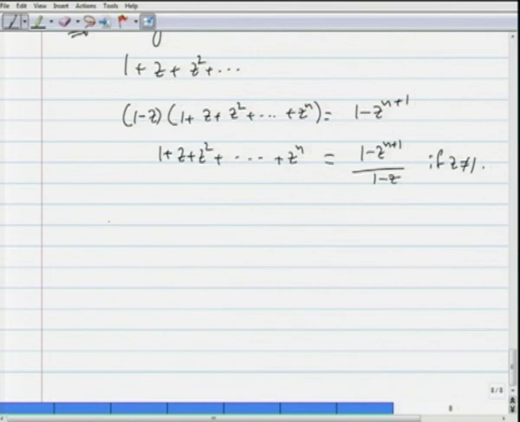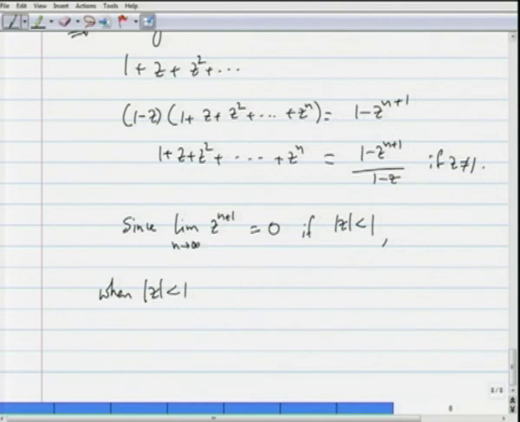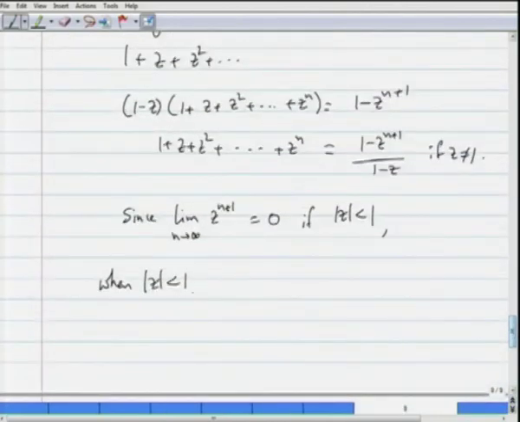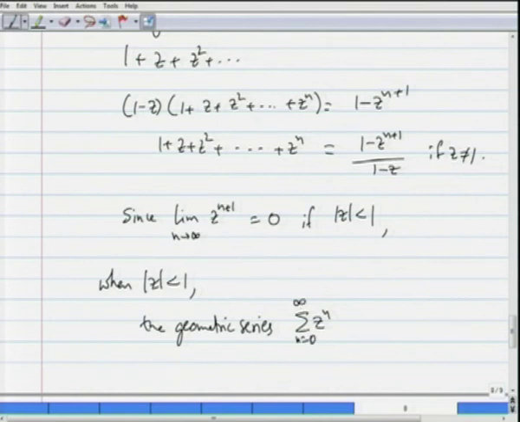And since the limit on the right hand side, as n goes to infinity, of z power n plus 1 is 0 if mod z is less than 1, what we can conclude is that when the modulus of z is less than 1, the geometric series, sigma z power n, n equals 0 through infinity, converges, and it converges to 1 by 1 minus z.